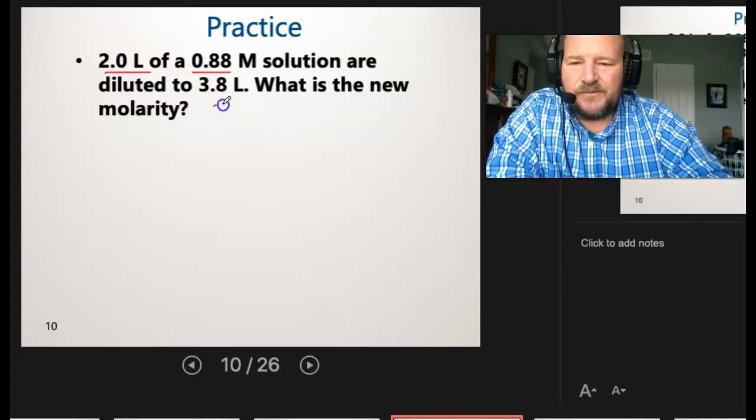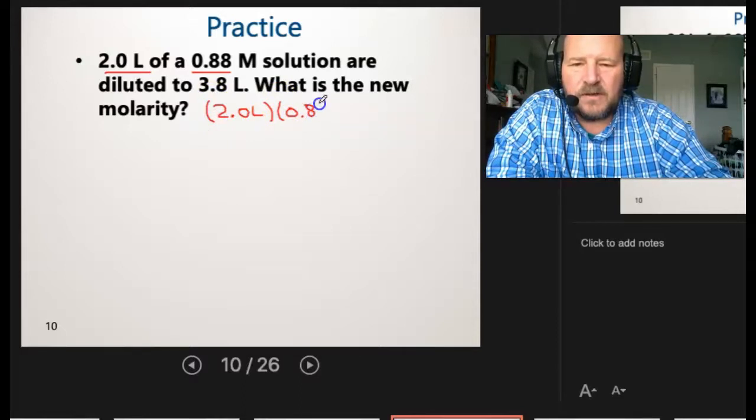So we're going to take 2.0 liters times 0.88 molar, and that's going to equal 3.8 liters times that new molarity, right?